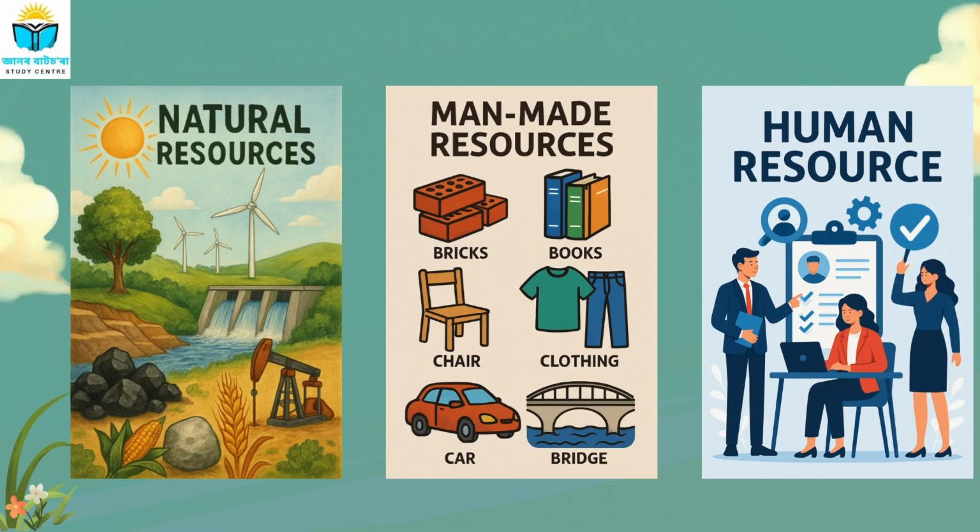These are created by humans using natural resources and technology. And finally, human resource, the most valuable of all. People use their knowledge, creativity, and skills to manage, improve, and develop all other resources. That's why humans are called human resource.